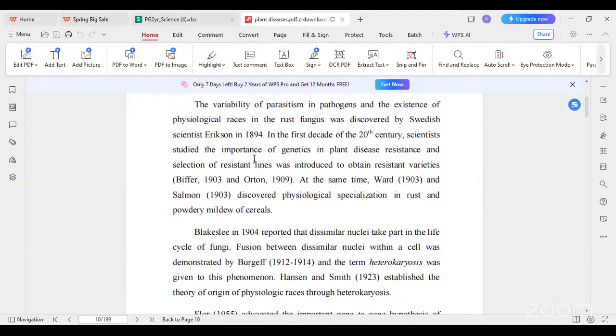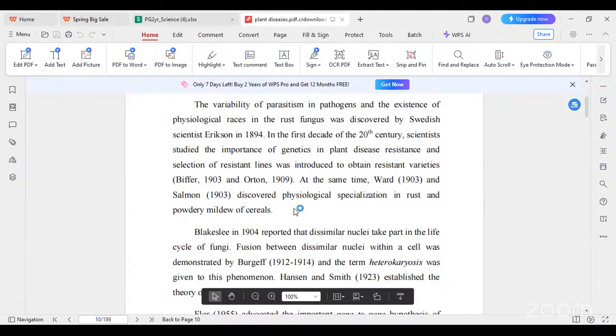In the first decade of the 20th century, scientists studied the importance of genetics in plant disease resistance, and selection of resistant lines was introduced to obtain resistant varieties, around 1903 to 1909. At the same time, in 1903, Salmon discovered physiological specialization in rust and powdery mildew of cereals.